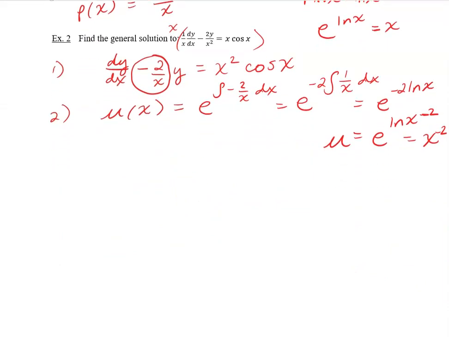So we're going to multiply both sides of the equation by that x to the negative second. I'm going to use a different color here just so it stands out.